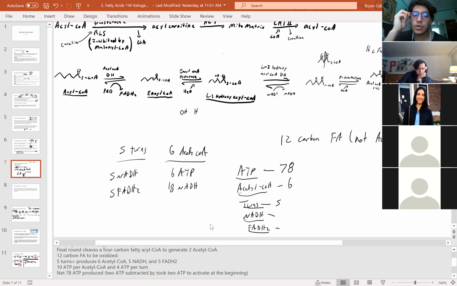And for FADH2, we produce 1 per acetyl-CoA, so it's going to be 6 FADH2. So 5 plus 6 is 11, yep, and 5 plus 18 is 23. And so, yeah, these are the numbers.